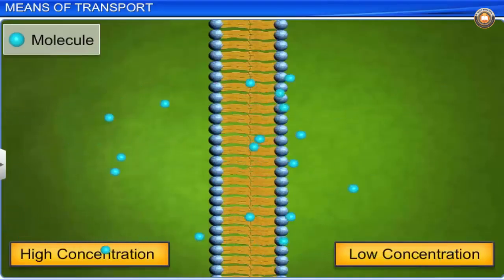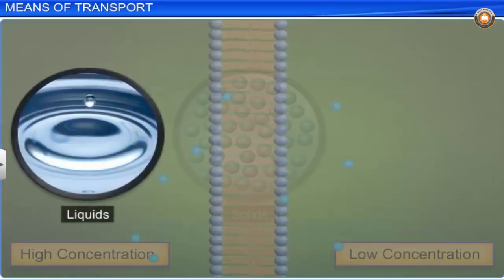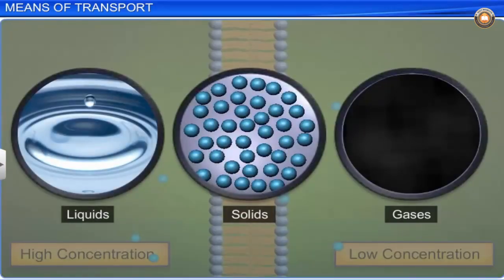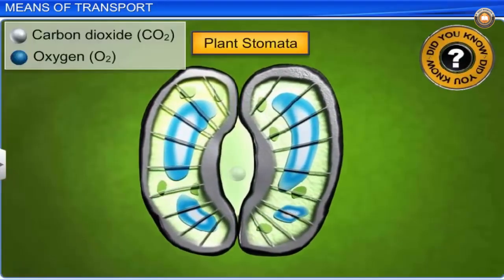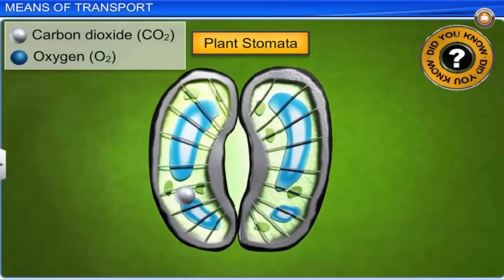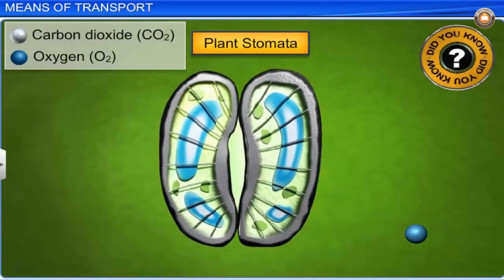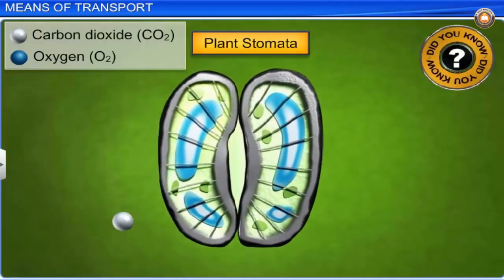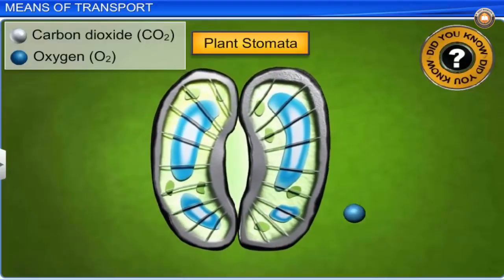It is a slow process, independent of a living system, and can take place in all states: liquid, solid, and gaseous. Did you know that diffusion is the only means of gaseous transport in plants? Gases such as oxygen and carbon dioxide enter and exit stomata via diffusion.